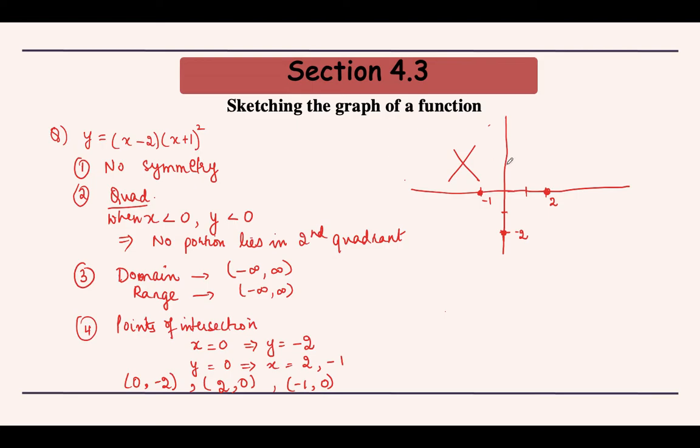So that means when x is negative, your y also has to be negative. So it would be in the third quadrant somewhere, and therefore no portion will lie here. We need to eliminate some quadrants for sketching. That is going to help us.